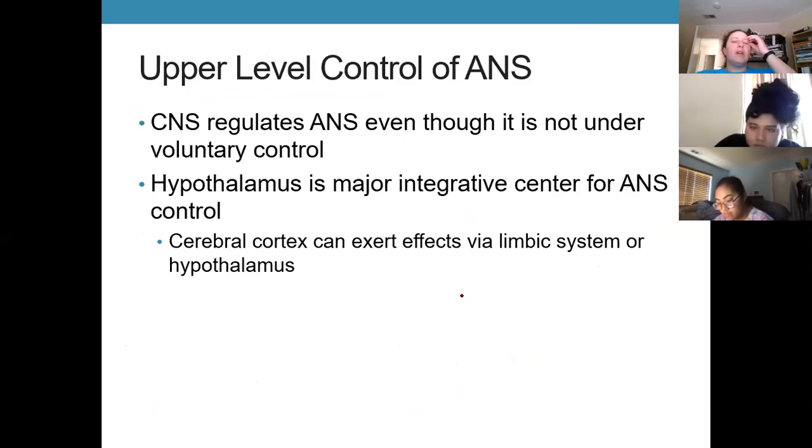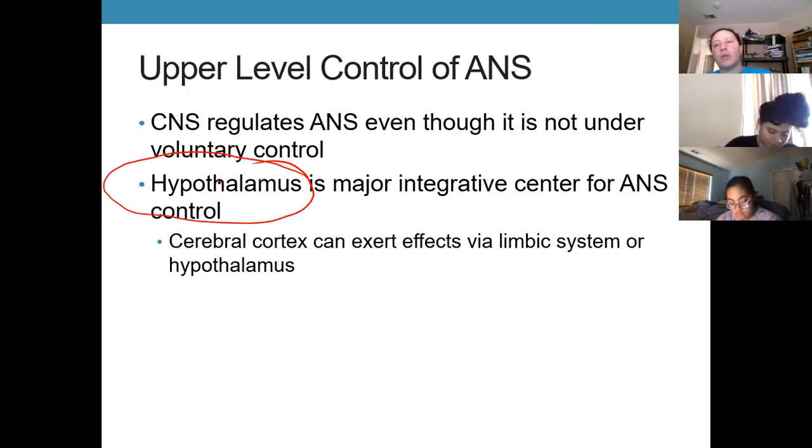So the major control center is going to be the hypothalamus. There is some amount of control that we can have with our cerebral cortex, so sort of indirect conscious control, mostly by way of the limbic system or sometimes the hypothalamus.